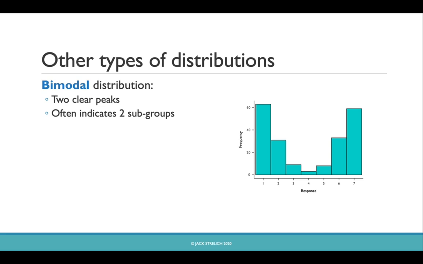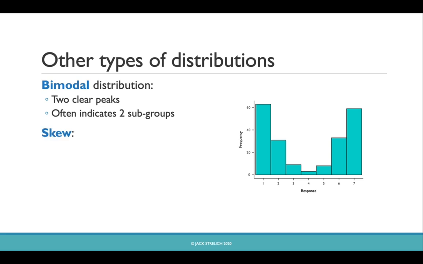Now, this being the 50s, almost all of our male college students are going to basically have a buzz cut, and all of our female college students are probably going to have hair down to their shoulders. So what you would see is a distribution like this. There's a lot of participants with short hair, a lot with long hair, and very few participants in between. And that's because we've essentially sampled from 2 subgroups.